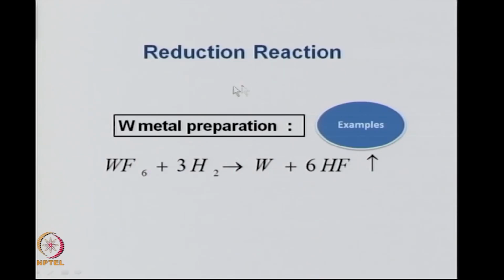Because this is a reduction reaction, you heat in the presence of hydrogen and you get tungsten, which deposits on the substrate, and HF forms during the reaction, and this hydrogen fluoride gas is then taken out through the exhaust. So, this is a reaction where there is a reduction of the reactant to give rise to the product, which is then deposited as a thin film on the substrate.